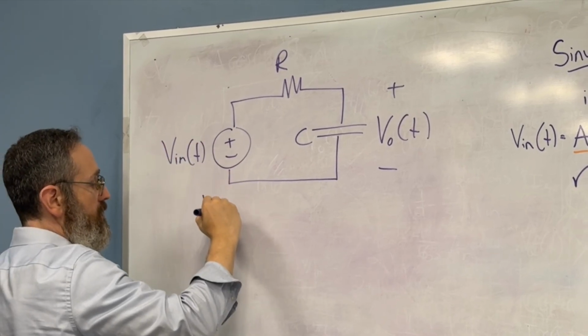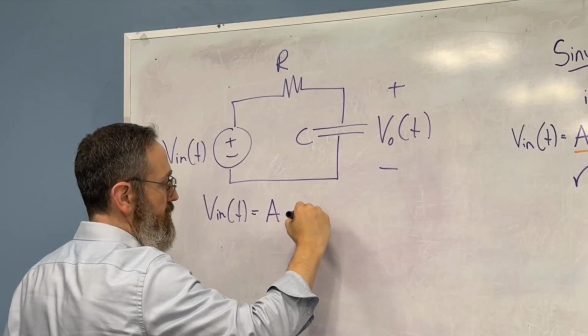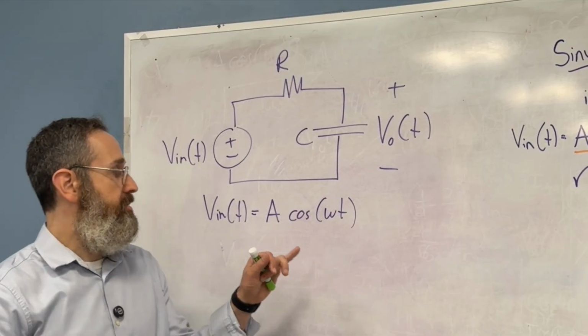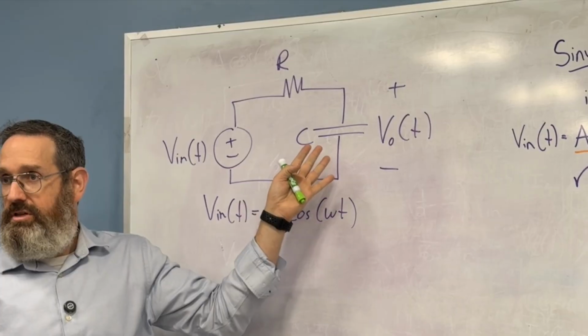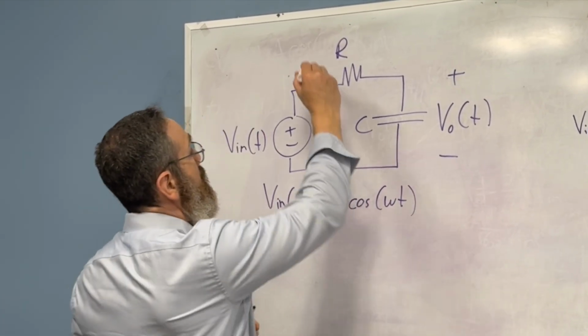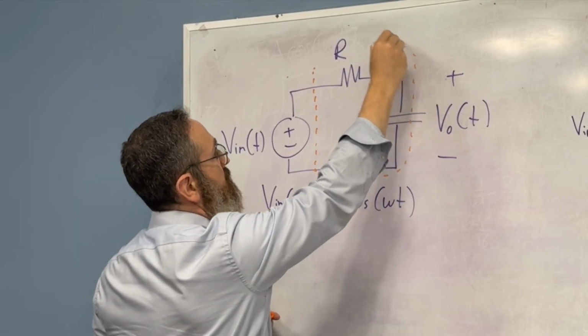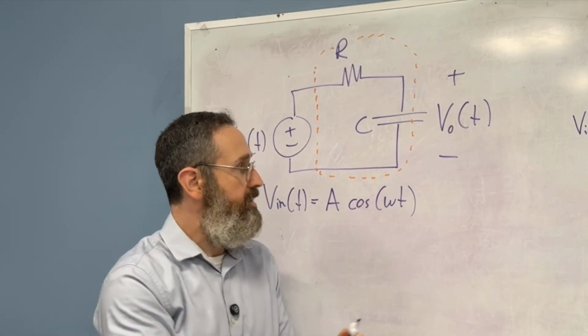We will specify that V in is equal to some sinusoid. Again, if you like to work with numbers, 2, 3, 4, 5, they're just numbers in here. That's our system. That's our circuit.